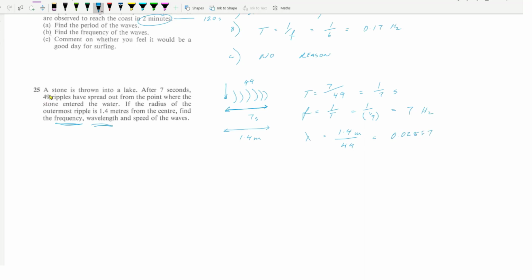Now because I've got 2 significant figures here and 2 significant figures here, I'd need to express that to 2 significant figures, so that would be 0.029 meters, because the 7 rounds up to 5, which makes it a 6, and then that rounds up the next one as well. Okay, and that is the end of the assignment. Thank you.